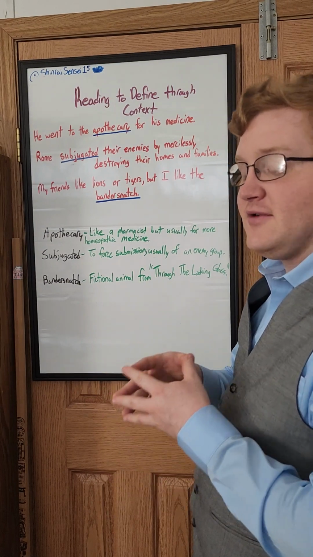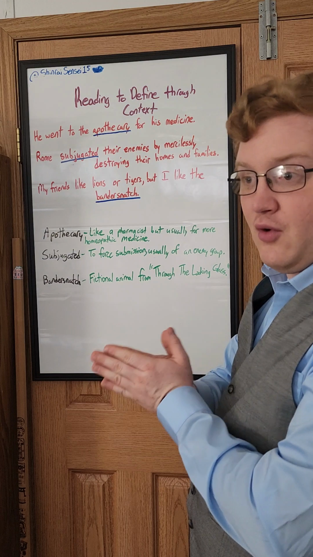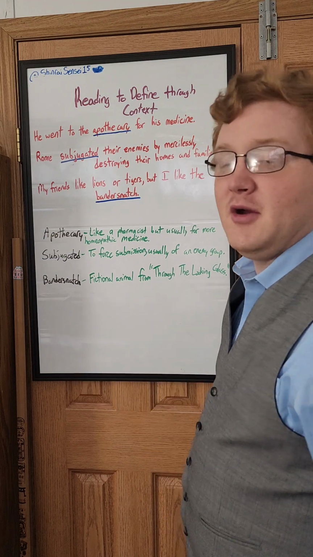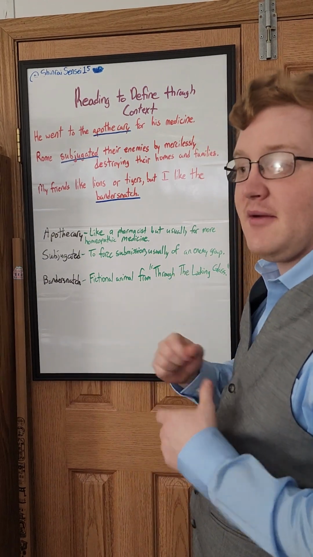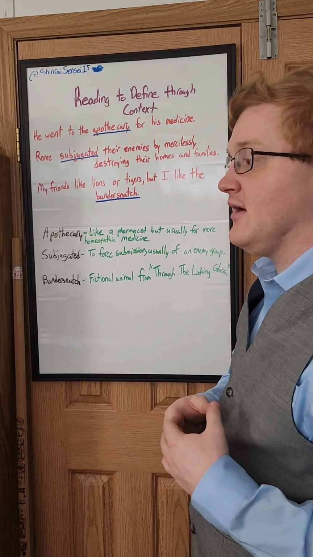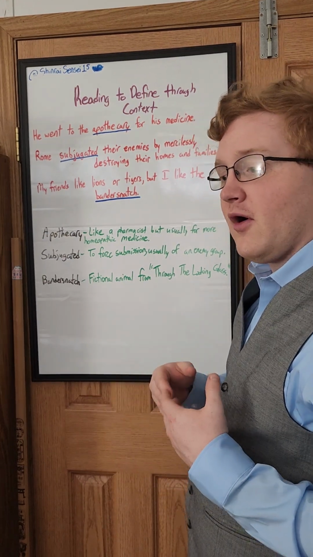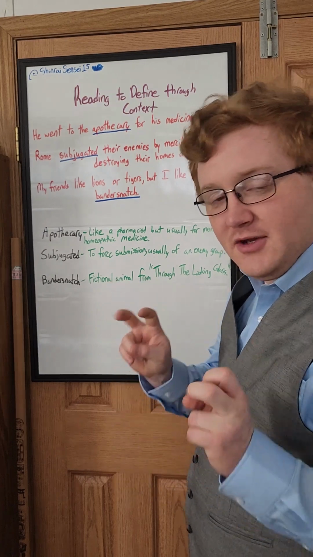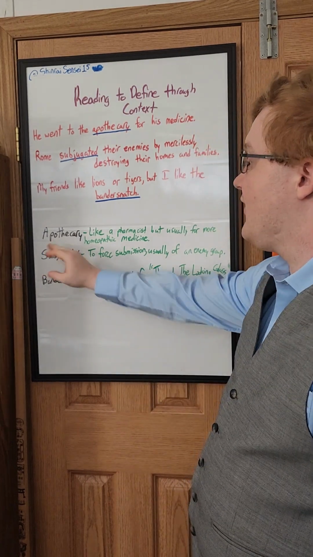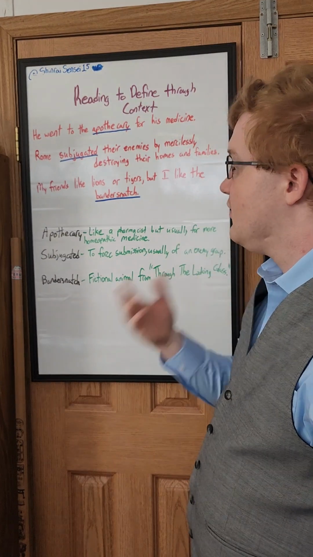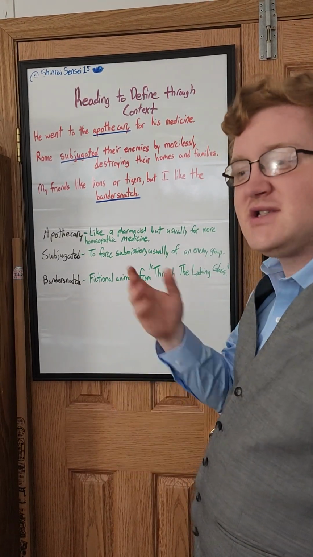So what an apothecary was doing when the word was more relevant is doing more homeopathic medicines, like grinding up herbs and making poultices and those kinds of things, right? So more what we would consider today as homeopathic medicine is what an apothecary would be geared towards. The word has kind of fallen out of style, but you still see it here and there.